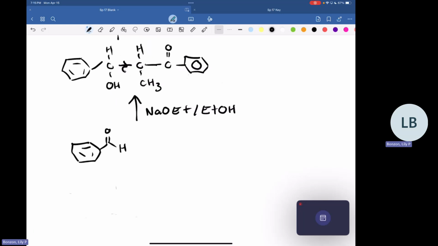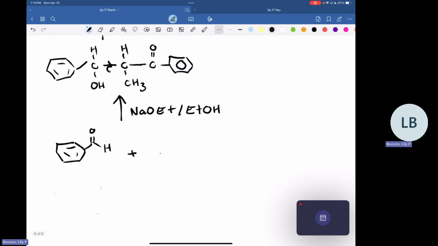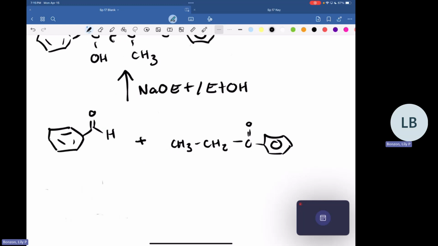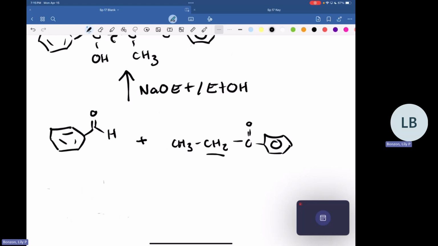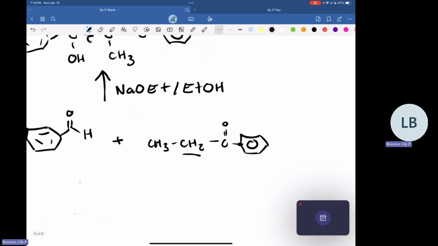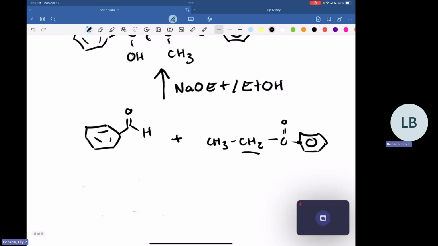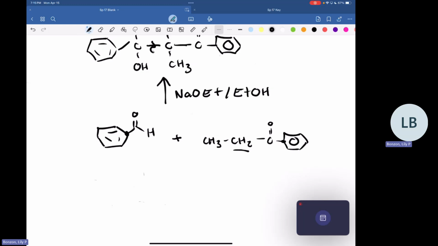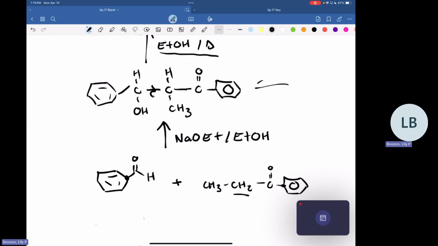So if we form our carbonyl on the left like this, and our alpha hydrogen on the right like this, here we can see we've got an alpha carbon with hydrogen that we can deprotonate. There's not another alpha carbon here with a hydrogen. This one again is an aldehyde. It's not an alpha carbon hydrogen itself. Again, no hydrogen over here. So these two reactants specifically are going to guarantee that we get this product here.